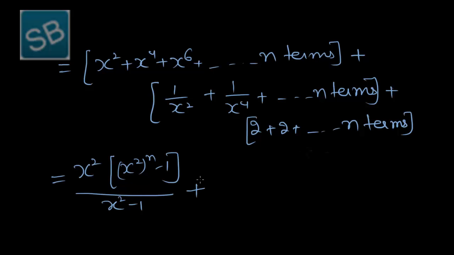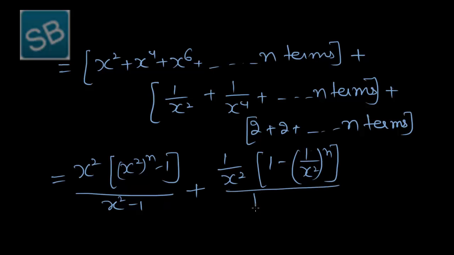Now in the second series, a is 1 by x square, as x square is not equal to 1, 1 by x square is less than 1. So it becomes (1 minus (1 by x square) raised to power n) over (1 minus 1 by x square), plus 2 times n, that is 2 into n.